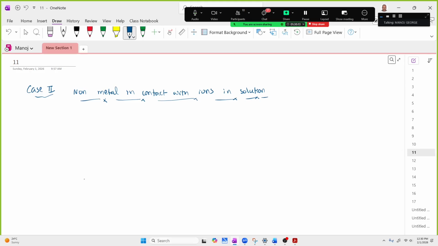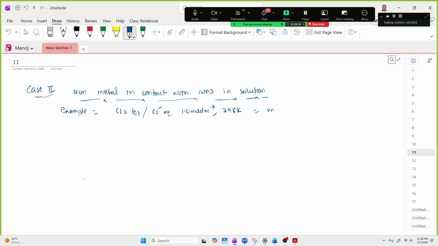So let's have a look. For example, I need chlorine gas in contact with chloride ion, 1.0 mole per dm cubed, at 298 K. This is my half cell.